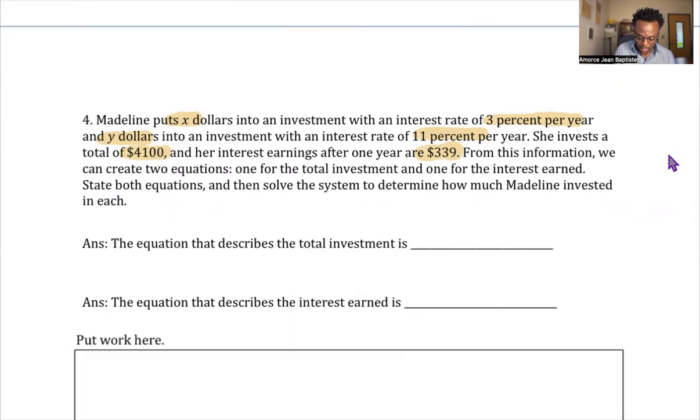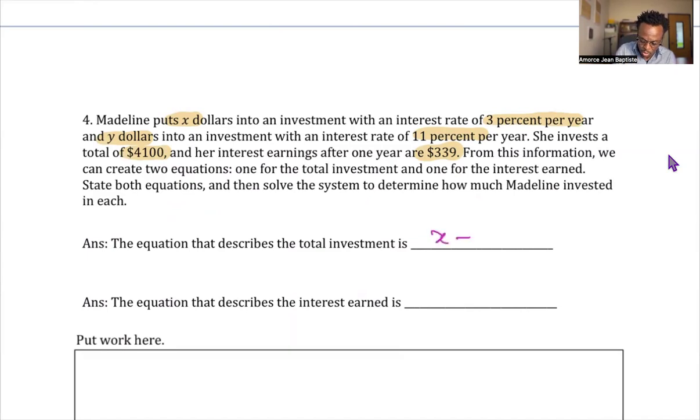So X is the amount invested in the account that earns 3% of X per year. And the second account, Y was invested, and in this account, 11% of Y is earned per year. But the whole thing is that X and Y combined for a total of $4,100.